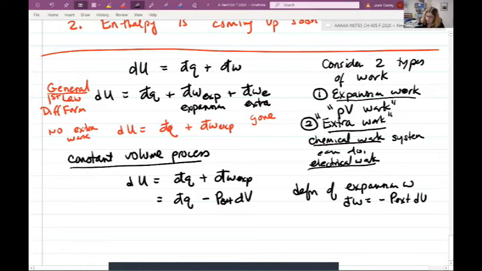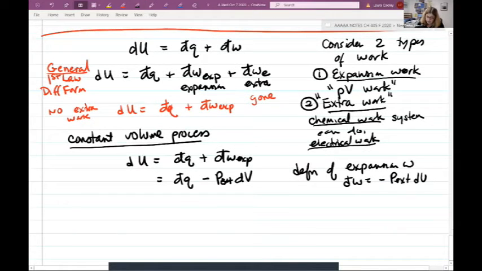Now what happens when it's constant volume? Well, this dV is going to equal 0. If it's constant volume, there's no change in volume. At the same time, I'm going to change the way I write this dq differential. I'm going to put a subscript V here.